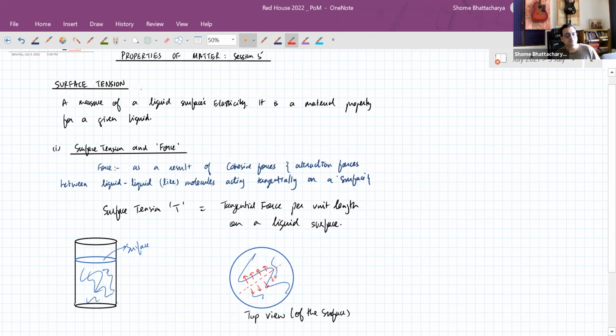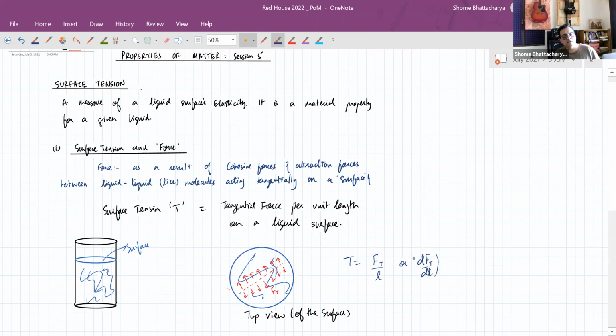Like imagine you have broken the surface, which is like a thin disk of liquid, into two halves. So one half is pulling on the other half with surface tensional force. So this surface tensional force per unit length is what is the surface tension.